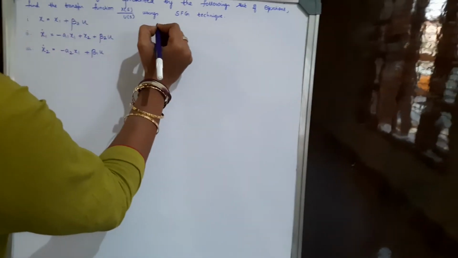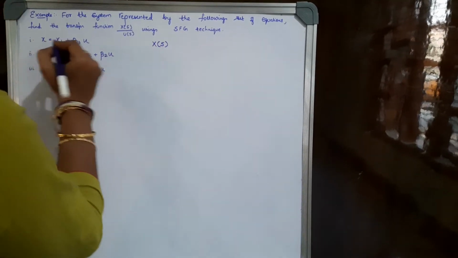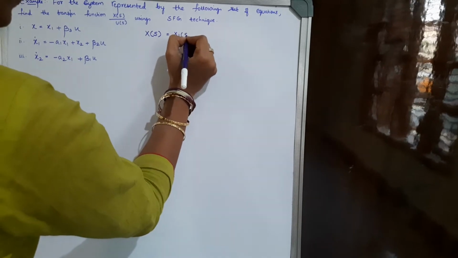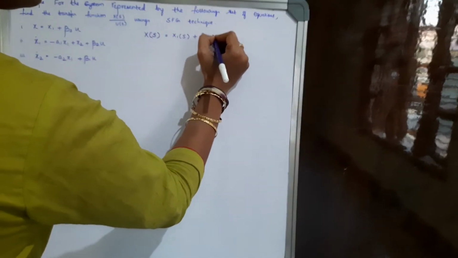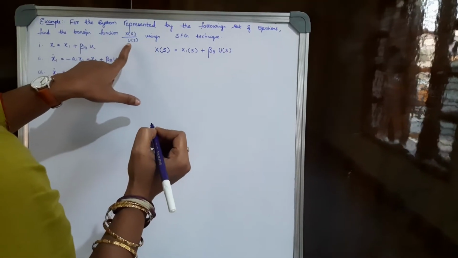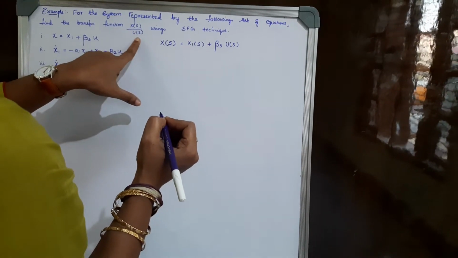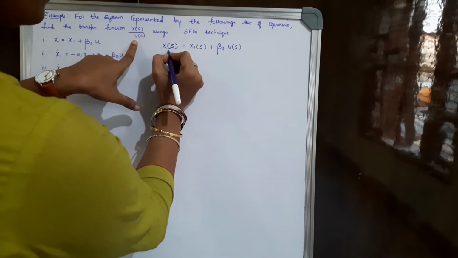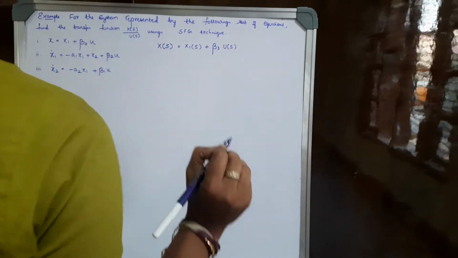So, I am going to take the Laplace transform for equation 1, which is represented by X(s) = X1(s) + β3 U(s). Here, the transfer function X(s)/U(s) is always denoted by the Laplace transform of the output by the input, X(s) being the output variable and U(s) being the input variable.